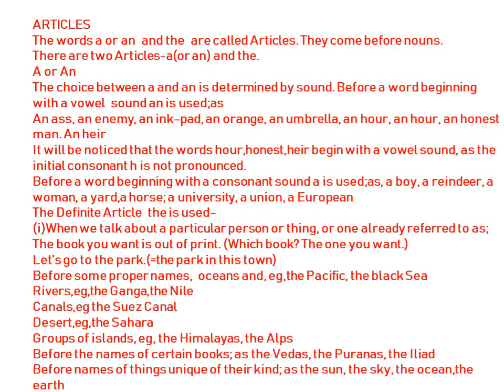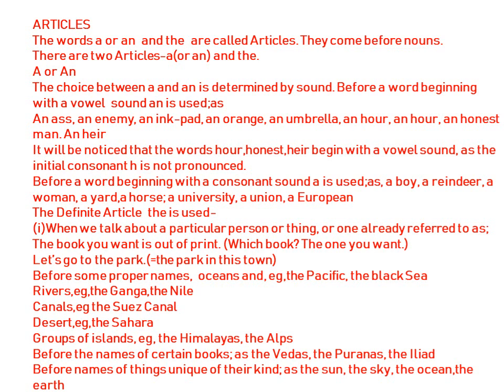And an honest man, an heir. In these words we can see the words start with an H. Actually, H doesn't belong to the vowel letters, but the sound that it produces is that of a vowel.